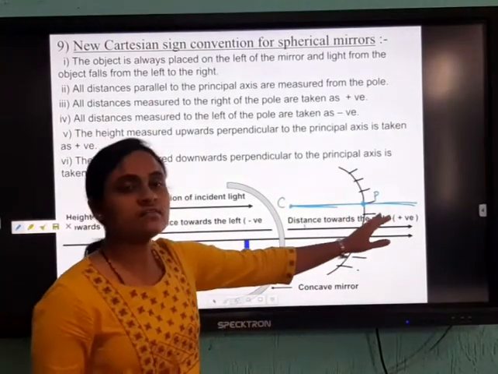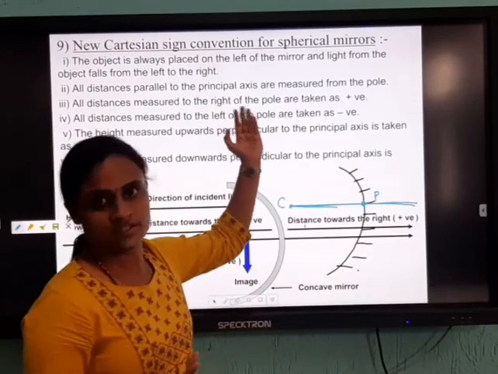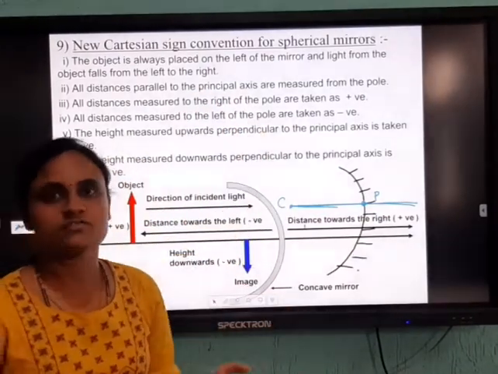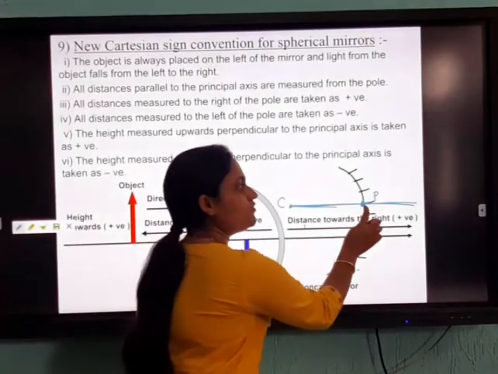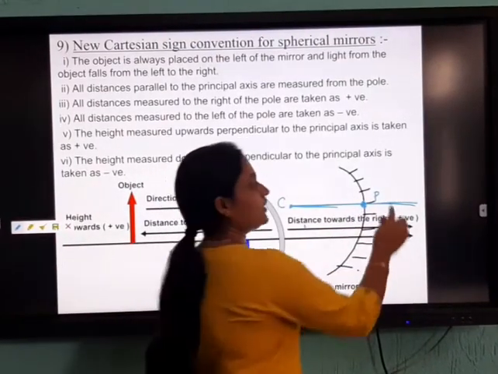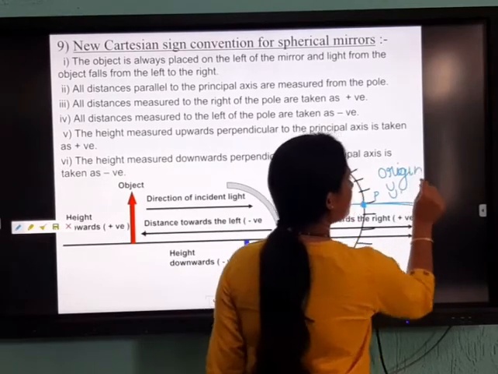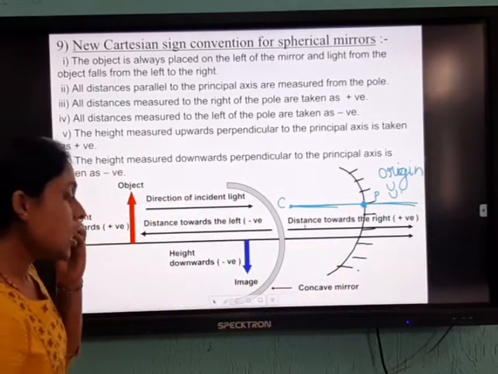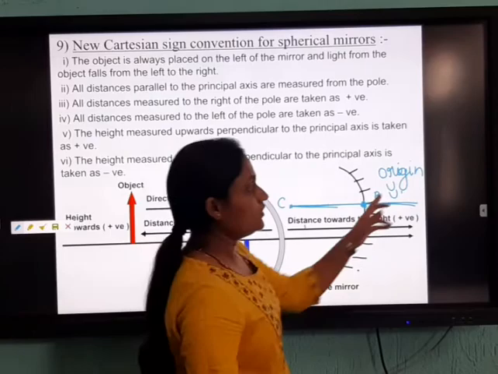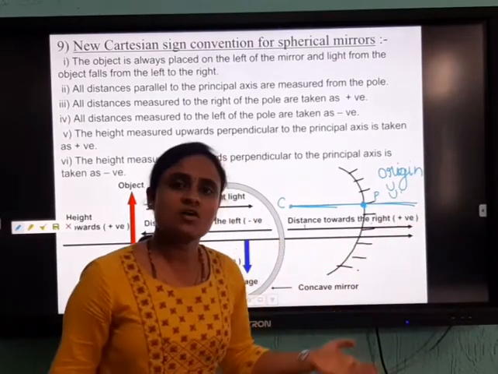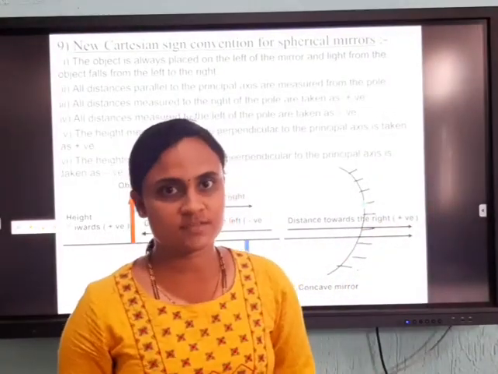Okay. Now when it comes to the Cartesian sign convention, that is to solve the spherical mirror formulas, this pole of the mirror we are going to take as the origin. Clear? Then origin, which you all know in math, you already have learned this coordinate system, right?